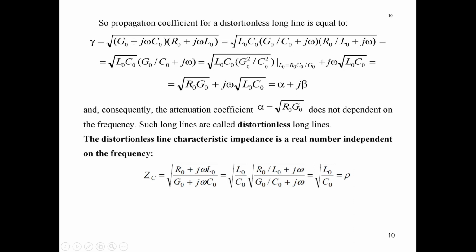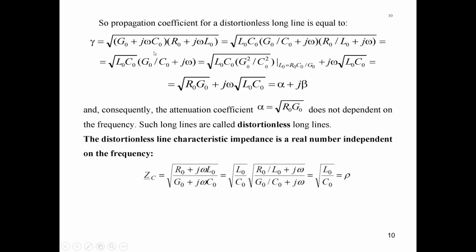If you multiply this L0 C0 by j omega, you will have L0, like here, and if you substitute this by C0, it will be j omega C0. If you multiply this expression by C0, it will be just G0, like here.